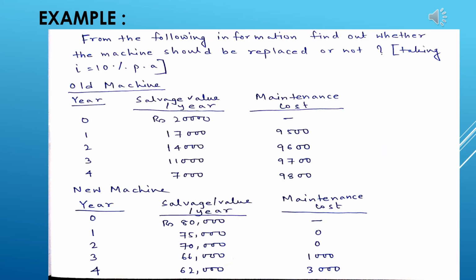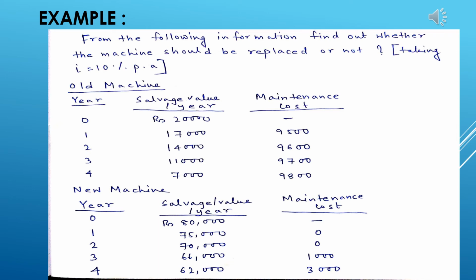Taking another example from the topic of replacement analysis, we have this particular sum where salvage value is given to us per year for two different machines, an old one and a new one. Also maintenance cost has been given to us per year, so we have to find out from the available information whether the old machine should be replaced or not, if we have a 10% interest rate applicable on both machines throughout the 4 years.